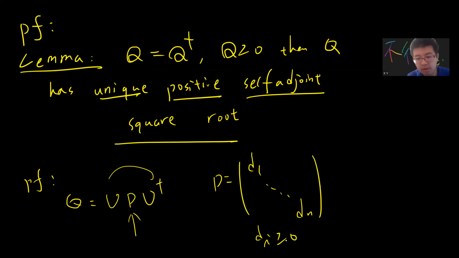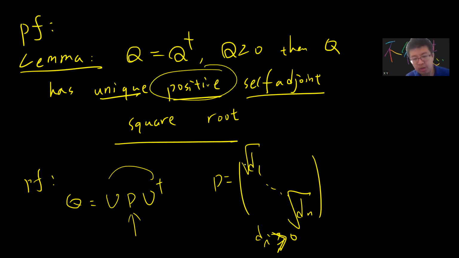But Q is positive, so they must be greater than 0. If I take a square root, there are unique square roots. You might think this should be plus or minus, but I restrict it to be positive. So this U square root of D U dagger, I call the square root of Q.